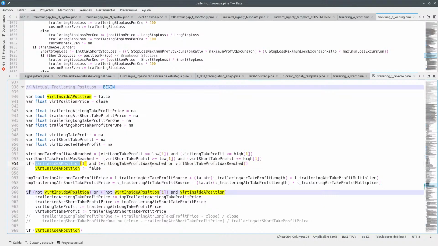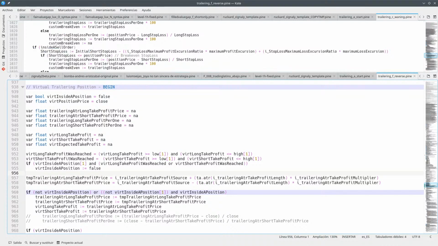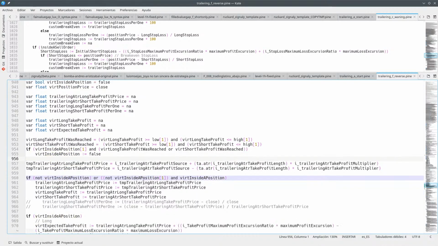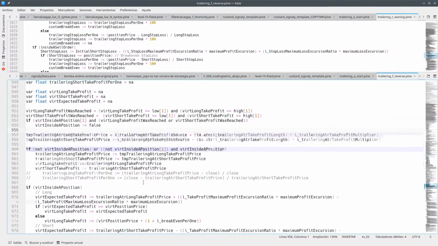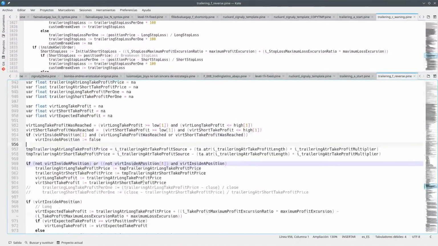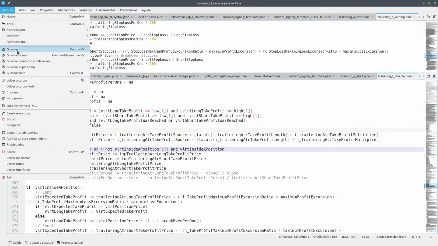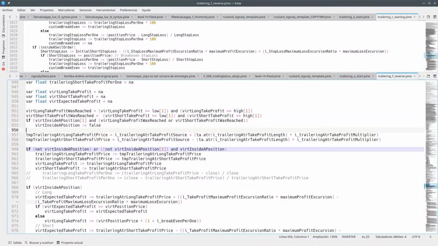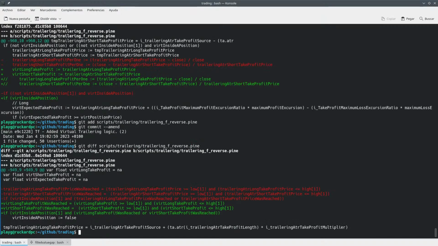If you are in a position and then it was reached, then it means that, look at that, you are no longer in a position, and probably you want, okay, so this is another fix if I'm not mistaken.